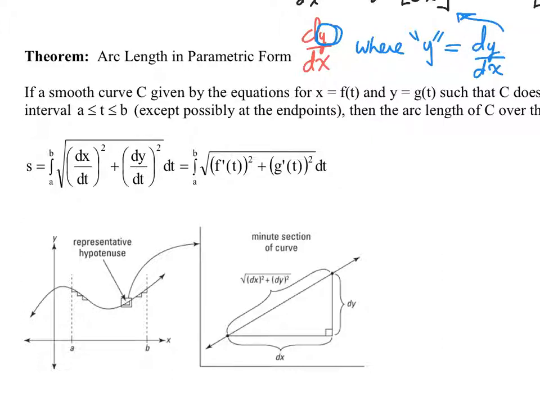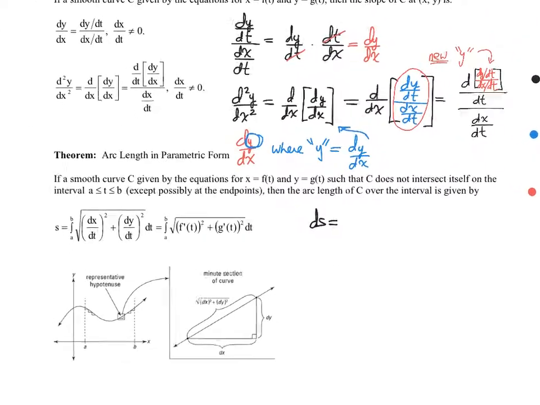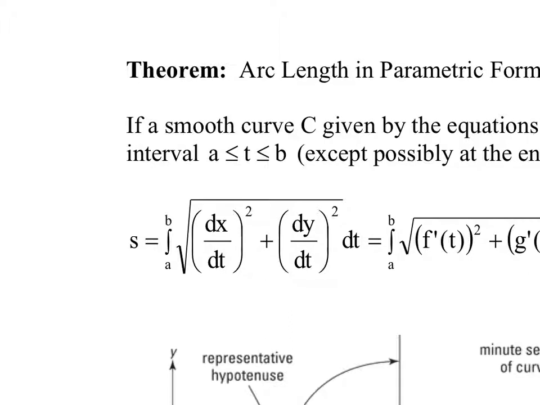So let's investigate. I know that some minuscule arc length, which is abbreviated with an S. Do I state that anywhere? Kind of, but I'm going to make it more obvious. Arc length.